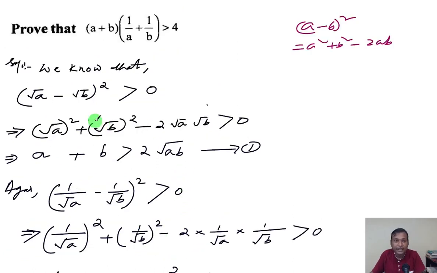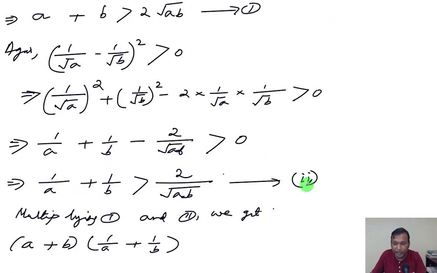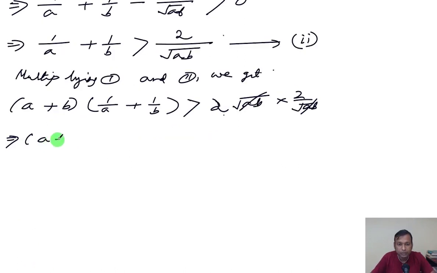So we have multiplied the left hand side of equation 1 and the left hand side of equation 2. Then we multiply the right hand sides. This is 2 root ab and this one also. Now this root ab and this root ab we can cancel and this 2 into 2 is 4. So hence proved.